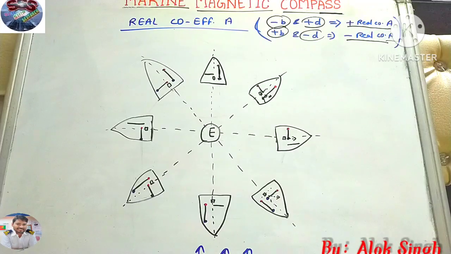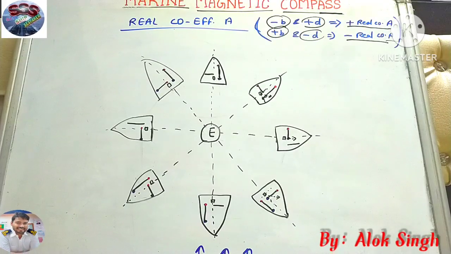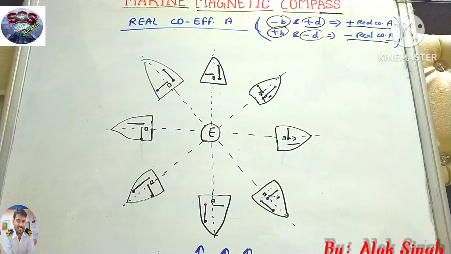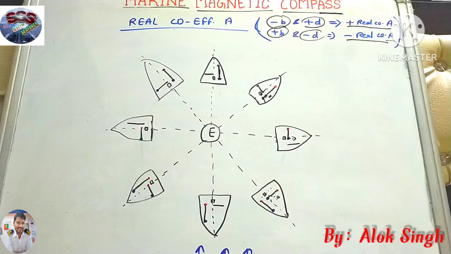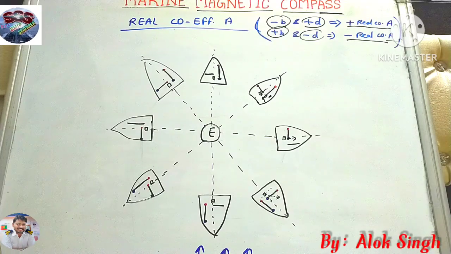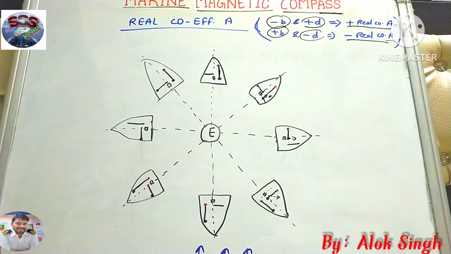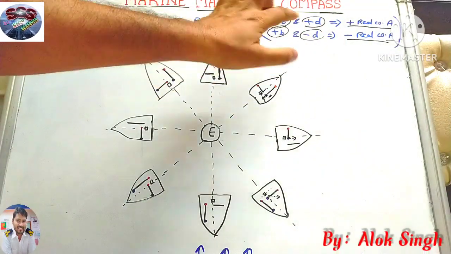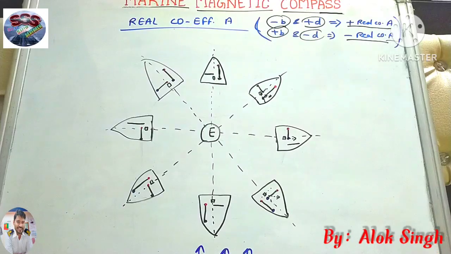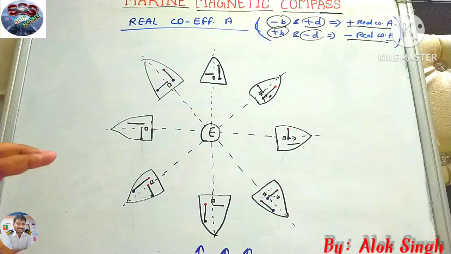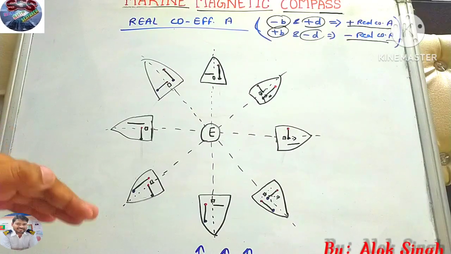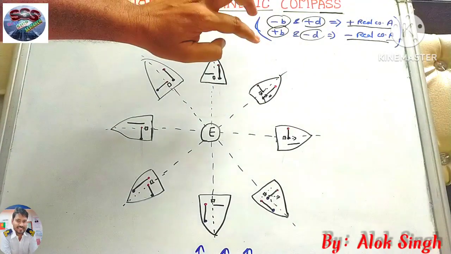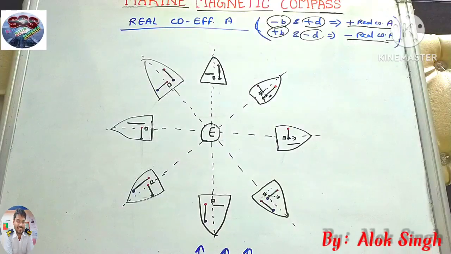It is caused by induced magnetism in unsymmetrical pairs of horizontal soft iron around the compass. In terms of rods, real coefficient A is caused by B and D rod of different sign but of the same value. Minus B and plus D rod cause plus real coefficient A, whereas plus B and minus D rod cause minus real coefficient A.